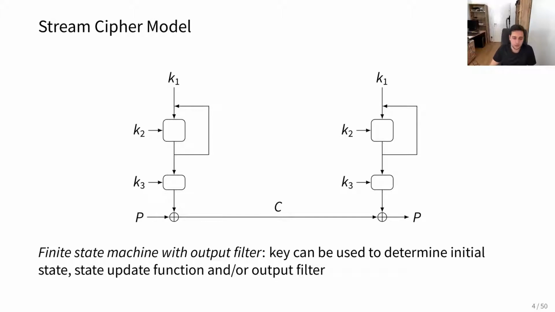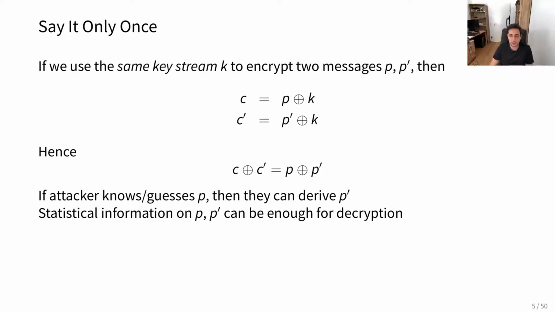Okay, then let's continue. However, and this is the problem with all of these constructions, if we use the same key stream to encrypt 2 different messages, then the first ciphertext is the first plaintext plus this key stream, and the second ciphertext is the second plaintext plus the same key stream.